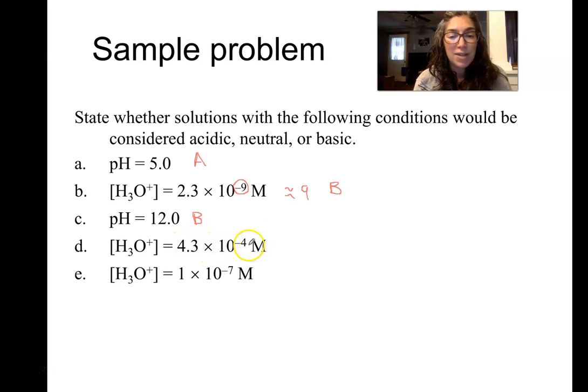Part D, 4.3 times 10 to the negative 4, that's going to be a pH of about 4, and that would be acidic because it's less than 7. And then lastly, we've got one that's 1 times 10 to the negative 7th. Because that's a 1, it's going to be equal to a pH of 7, but we can estimate it at 7. And a pH of 7 is neutral.